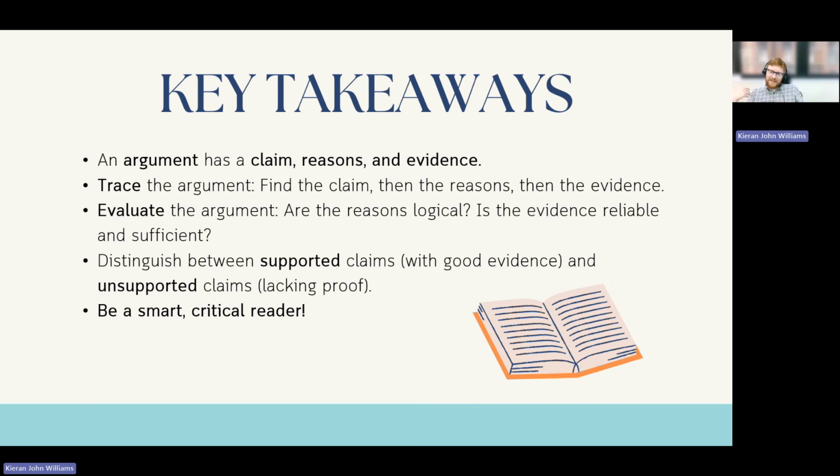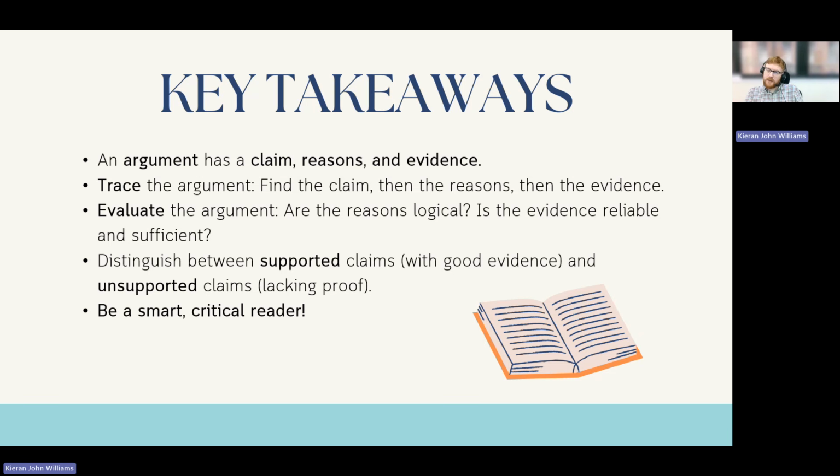So let's wrap up with some key points. An argument always has three parts: a claim, reasons, and evidence. To trace an argument, identify each of these in the text. Find the claim first, then the reasons, and then finally look for the evidence. Once you've done that, evaluate the argument.